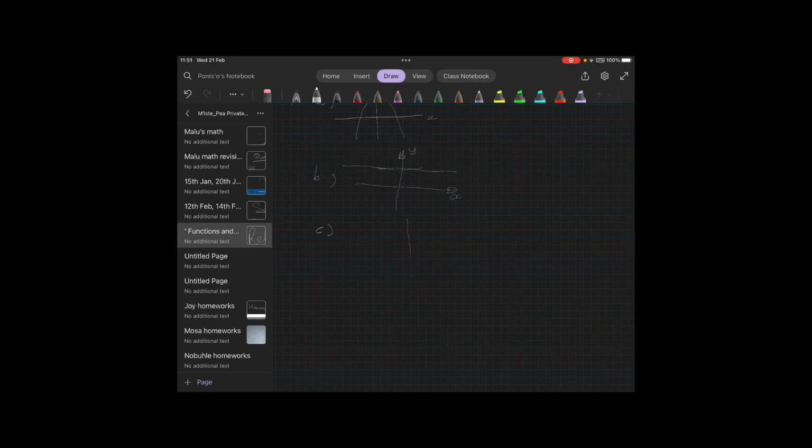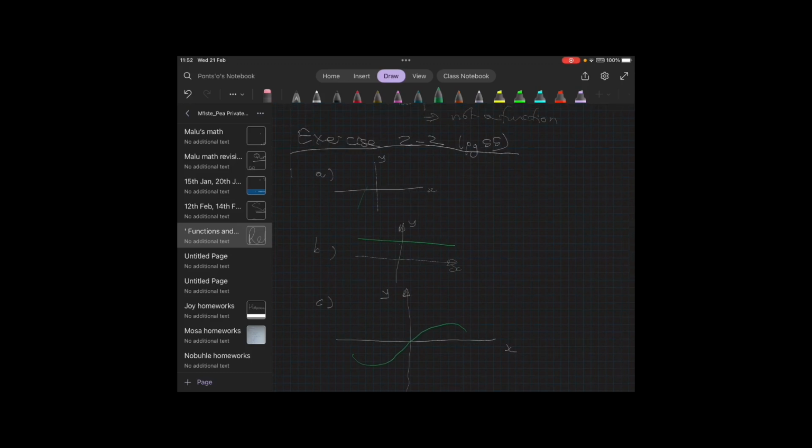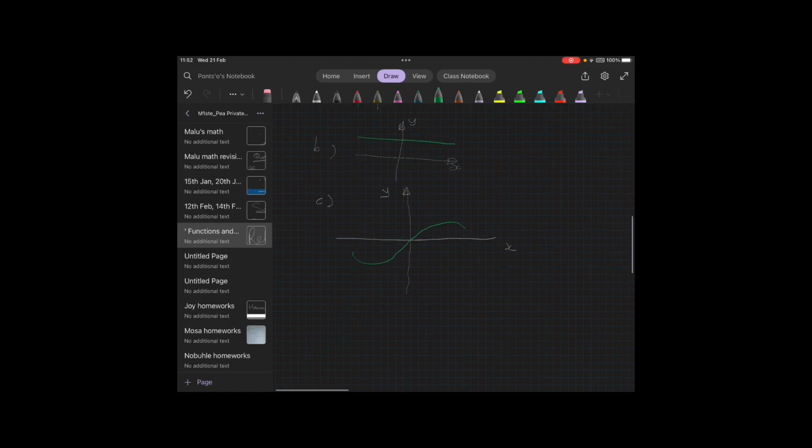C would be something that looks like a wave. So that's x, that's y. Maybe I should do these with different colors so that we can see which ones are the axes and which ones are the functions.